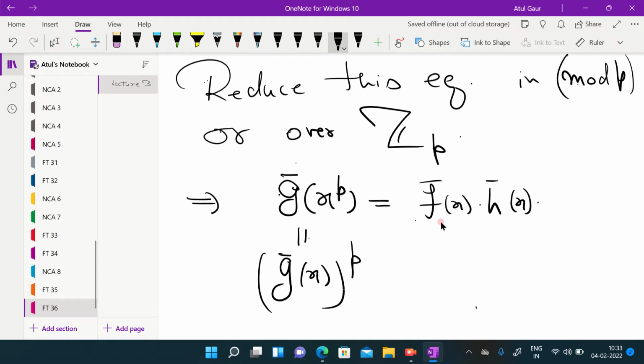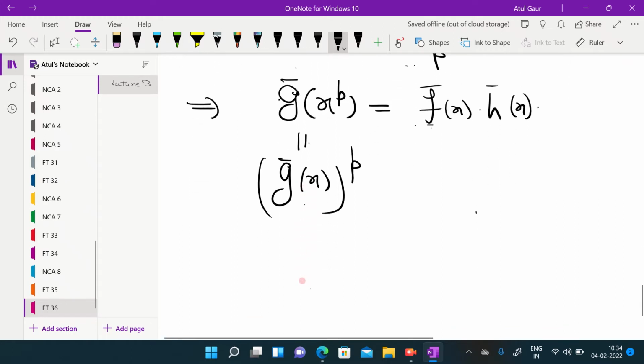So that means, in some extension of Z_p, f bar and g bar have a common root. That the root of f bar will basically be a root of g bar also, right?